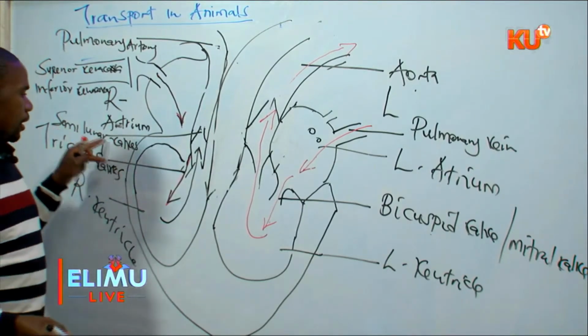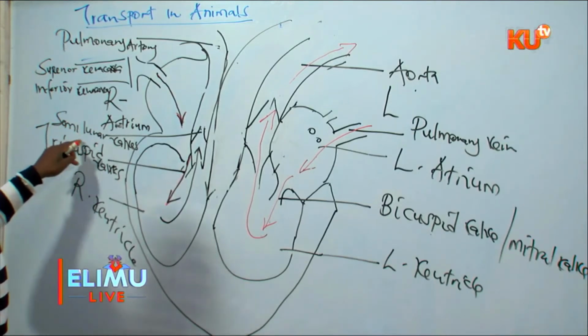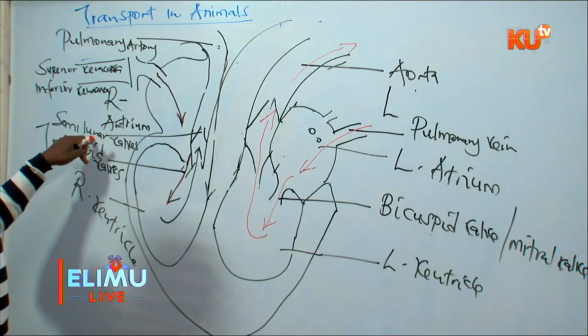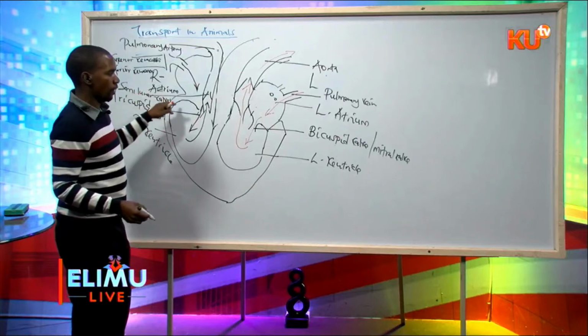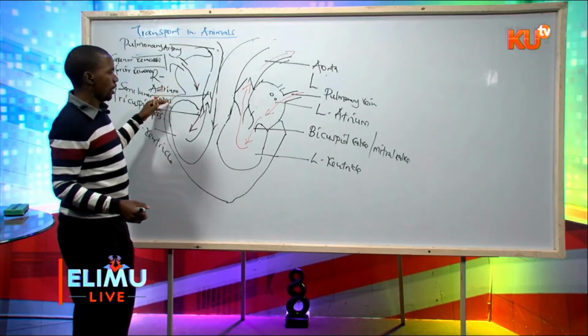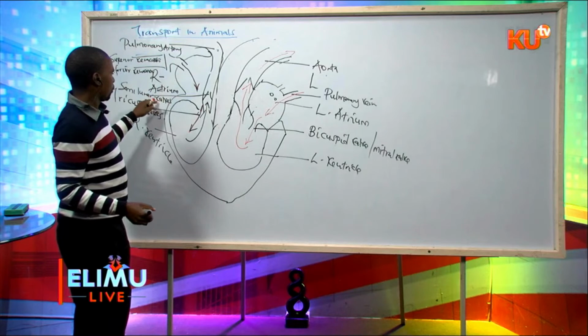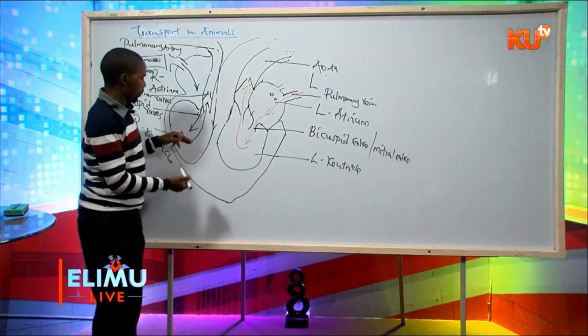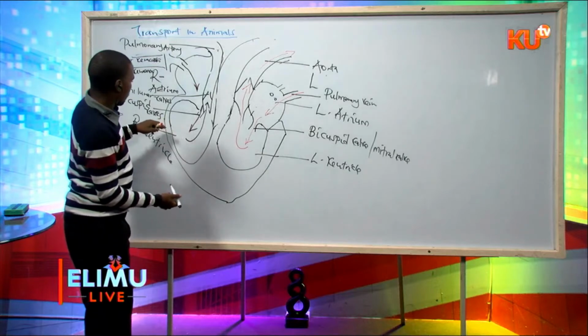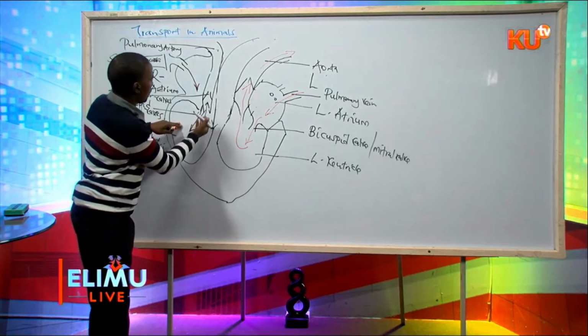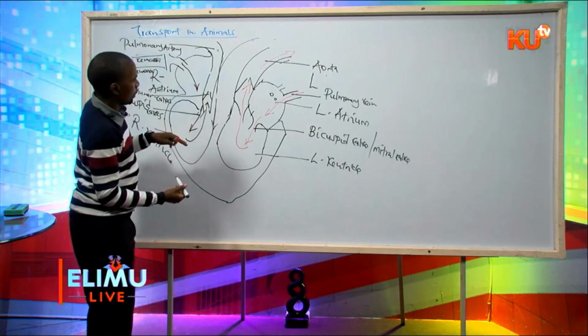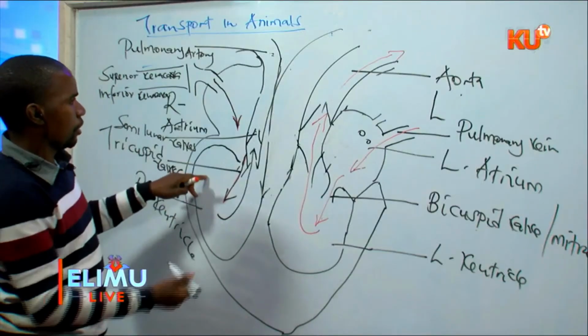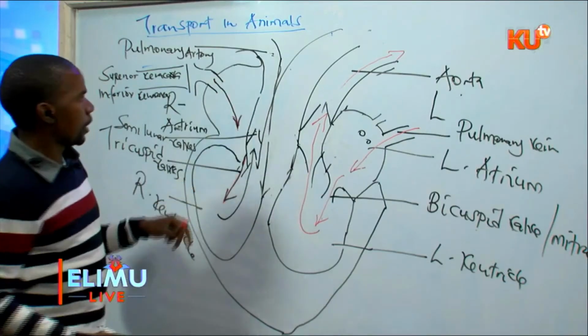So they are known as semilunar valves, semi meaning half and lunar meaning the moon. So they are known as semilunar valves because they resemble half a moon. So when blood is pushed during diastole, this blood is going to pass through these particular valves into the pulmonary artery.